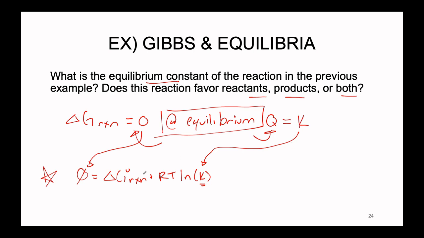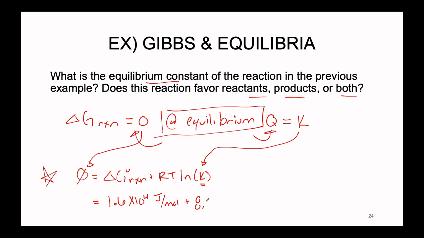All right, so let's insert the data from our previous example. This time I'm going to work through in joules. So we have 1.6 times 10 to the 4th joules per mole, just so we can see how both versions of this work out. But again, so long as your units are consistent, it doesn't really matter.